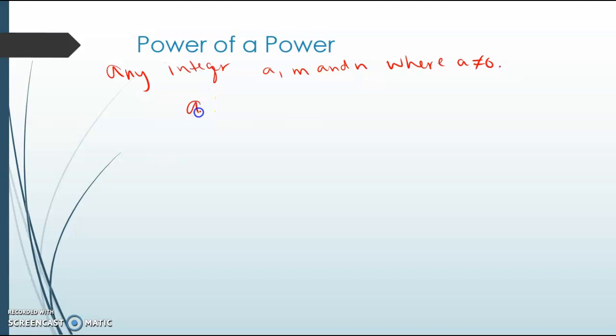A to the m power to the nth power is going to equal a to the m times n.